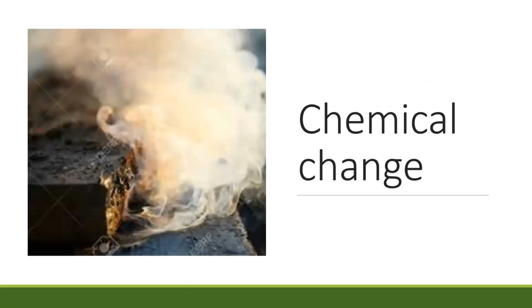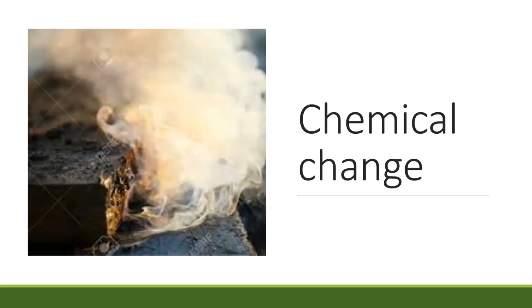Whereas a chemical change is a bit different. If I took that wood and then I burnt it, if I lit that wood on fire, that would be a chemical change. The reason for that is I'm actually changing the way the bonds exist. I'm changing pieces of wood into charcoal.